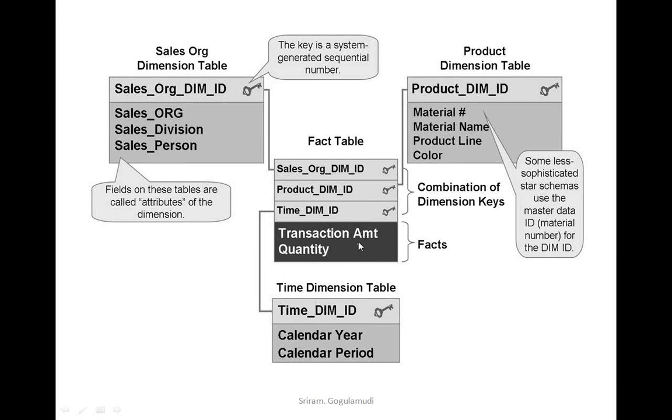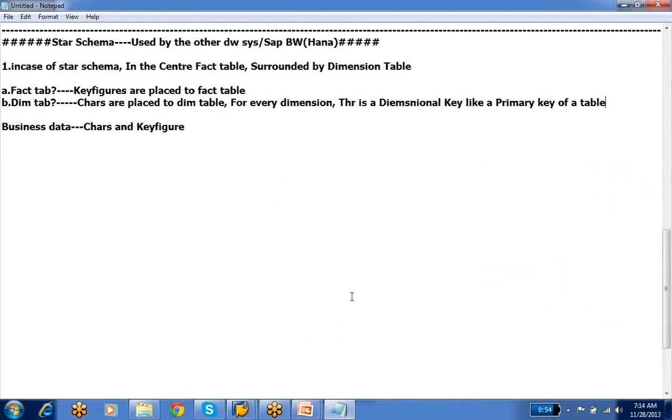The fact table is placed with key figures. The dimension table is placed with chars. You can see sales org, sales division, salesperson, material name. These are all chars. And for every dimension, we have a dimensional key, which is like a primary key of a table.